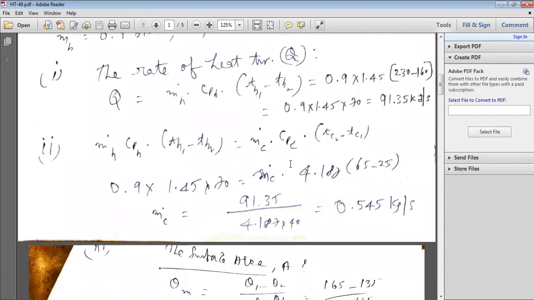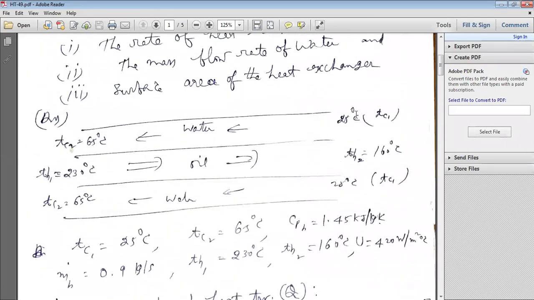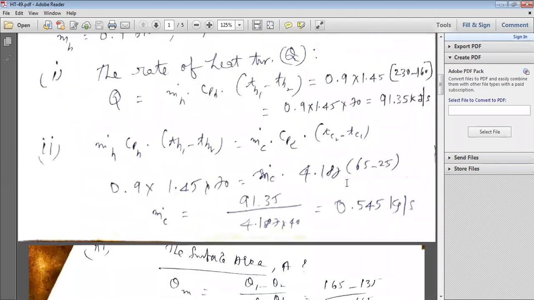So m dot c into, for water, you have to take the specific heat from the tables, or remember it: 4.187 kilojoules per kg Kelvin, into TC2 65 minus TC1 25. That's why 4.187 into 65 minus 25. But what is the unknown parameter here? The mass flow rate of water, m dot c, the mass flow rate of the cold fluid, here water.